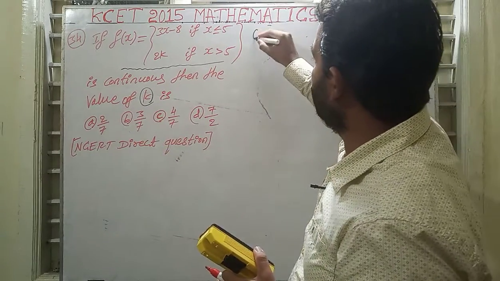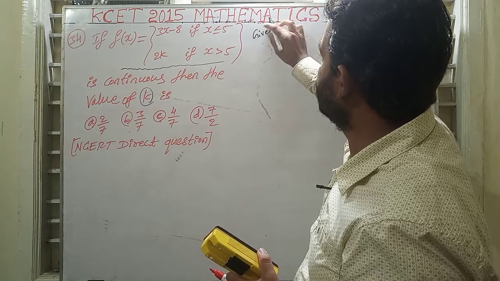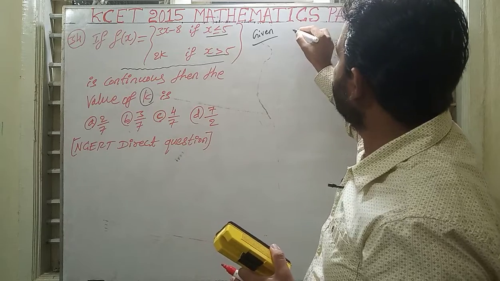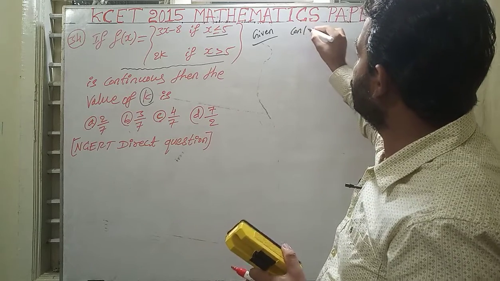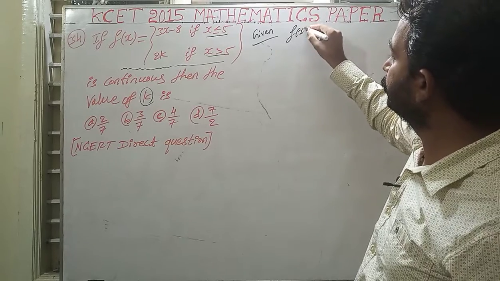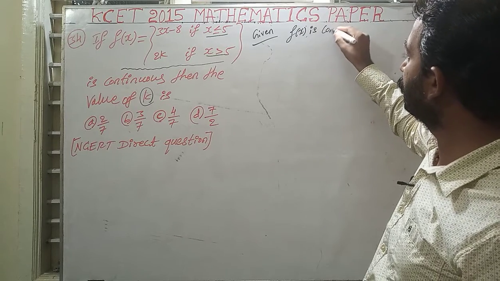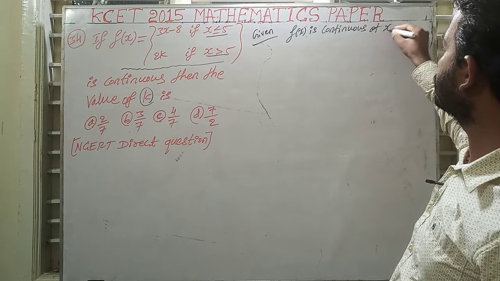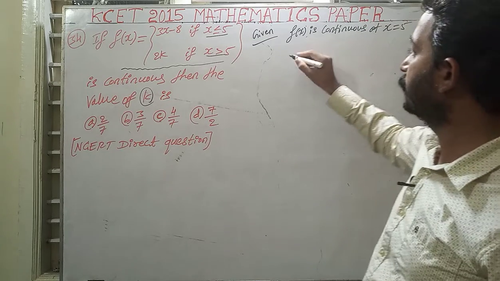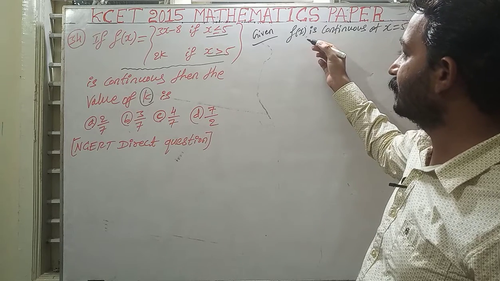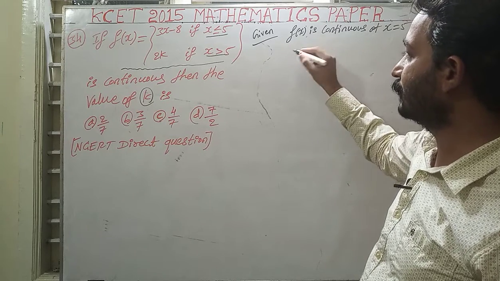So using the given data we have to find out k in this case. What is the given data? Already f of x is continuous at x is equal to 5. So now we can write RHL is equal to LHL, both are same.